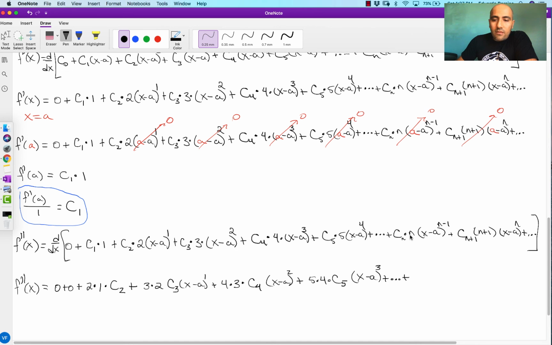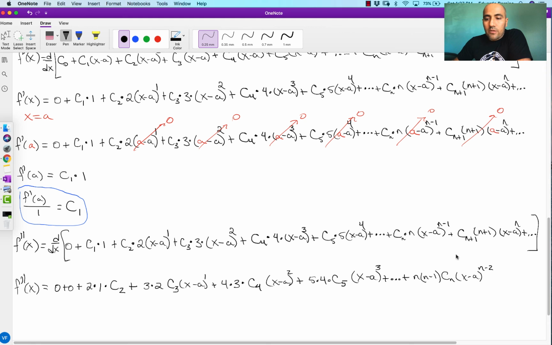Okay, and when we get to the nth one, we'll have n, and then that exponent is n minus 1. We'll bring that in front. Then there will be a c sub n times x minus a to the power of n minus 2, right?